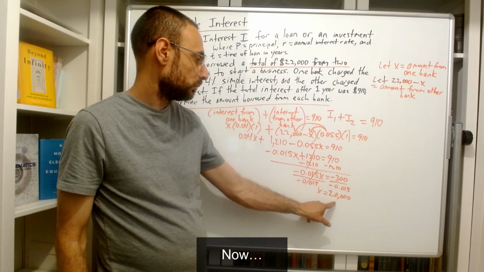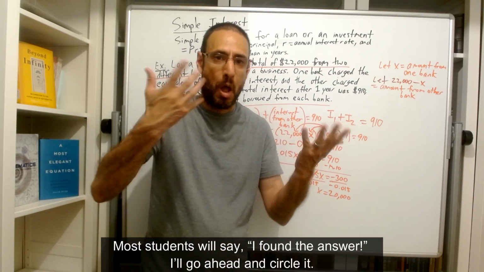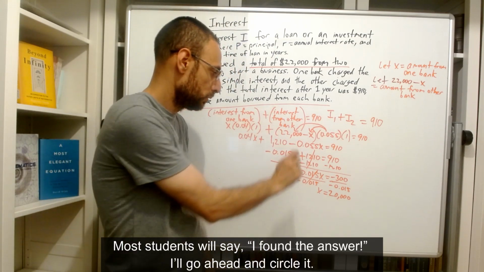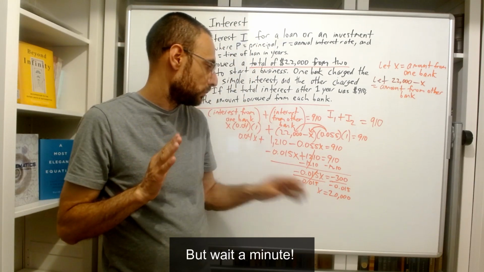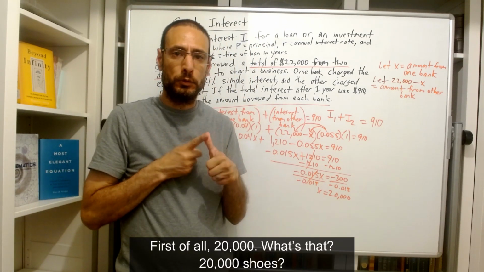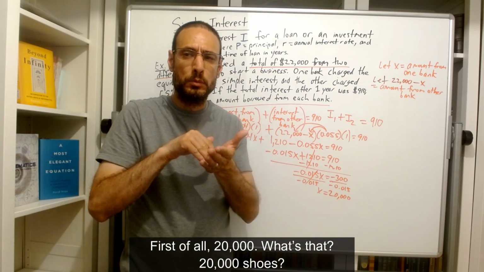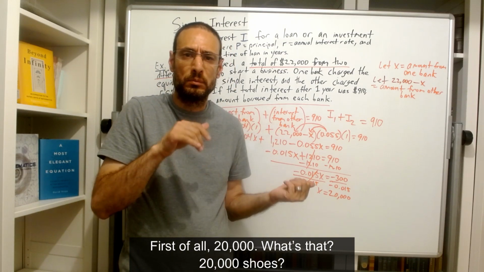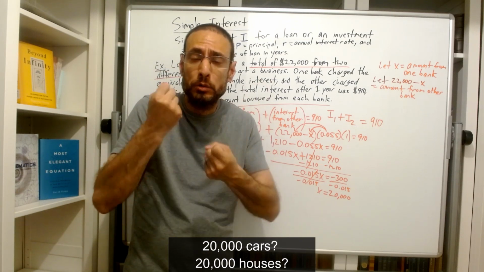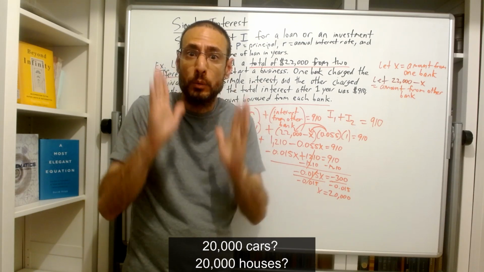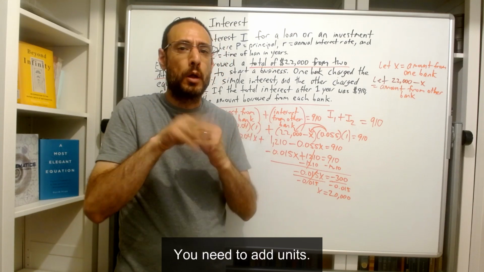Now, most students will say, I found the answer. I'll go ahead and circle it. But wait a minute. First of all, 20,000. What's that? 20,000 shoes? 20,000 cars? 20,000 houses? You need to add units.